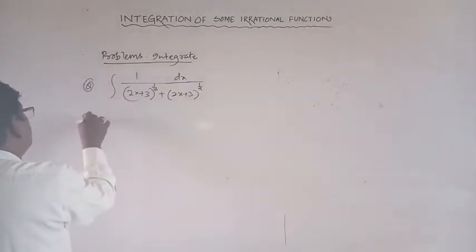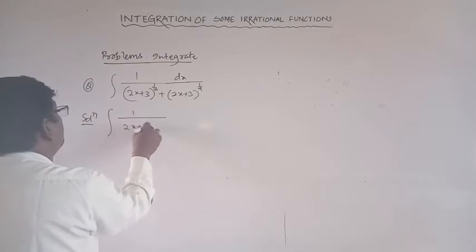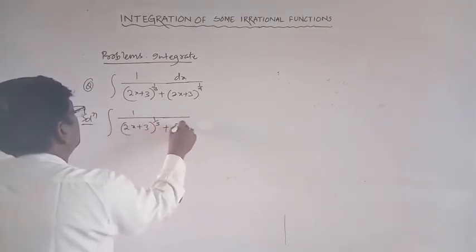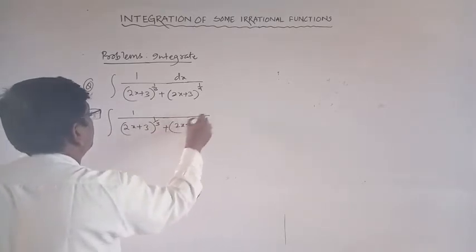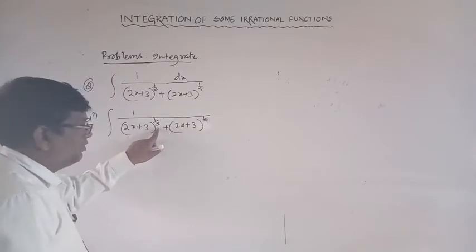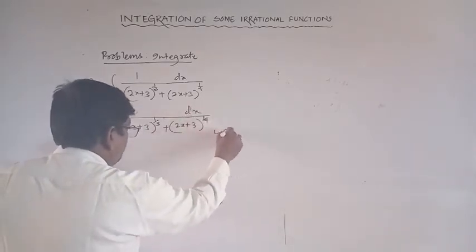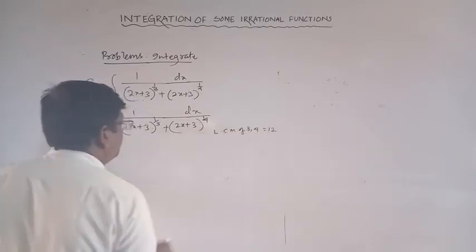So the solution is integration of 1 by 2x plus 3 to the power 1 by 3 plus 2x plus 3 to the power 1 by 4. Clear? Taking the LCM of the denominators 3 and 4, the LCM of 3 and 4 is equal to 12.